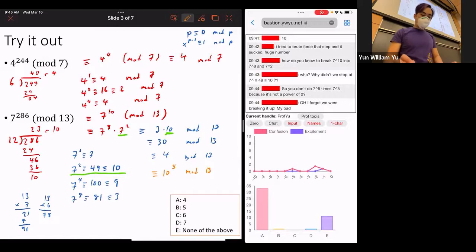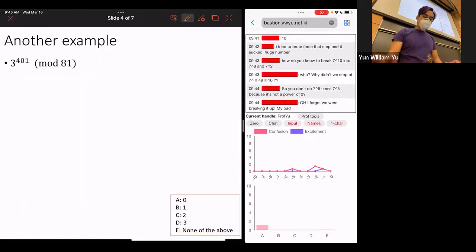Okay, so let's have you all do one more example. What about 3 to the 401 mod 81?